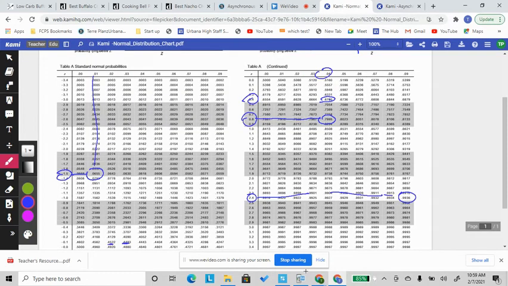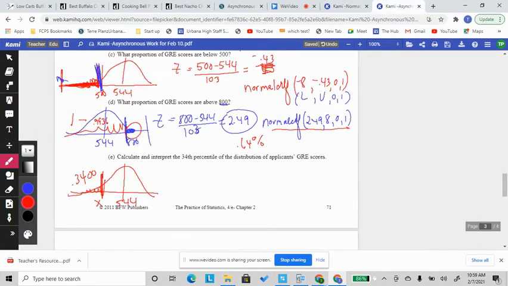So you go to 34%. And we are around here. Looks like the closest, negative 0.41. So that's my z. I looked up the closest thing to .3400, negative 0.41.